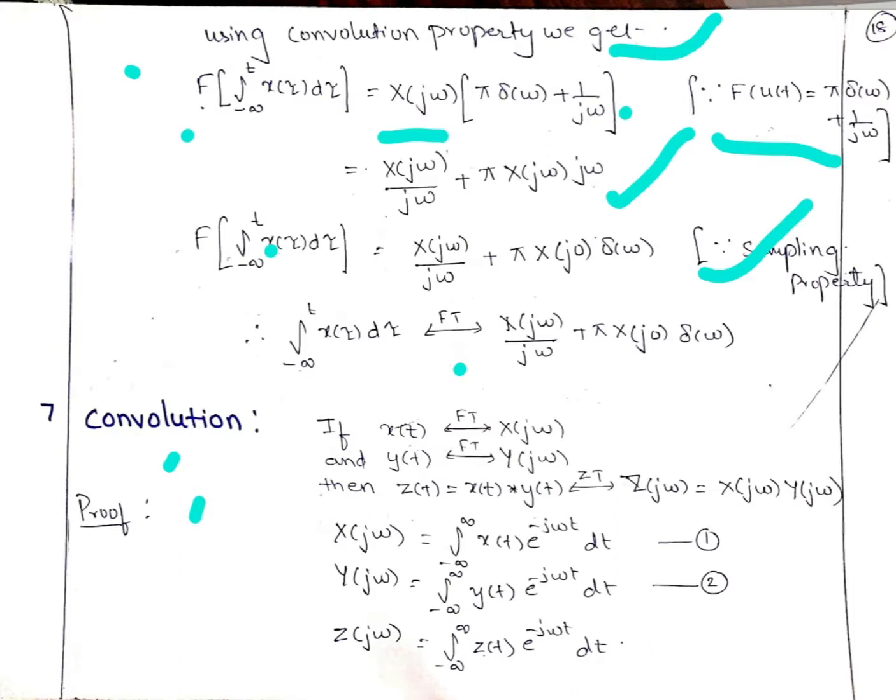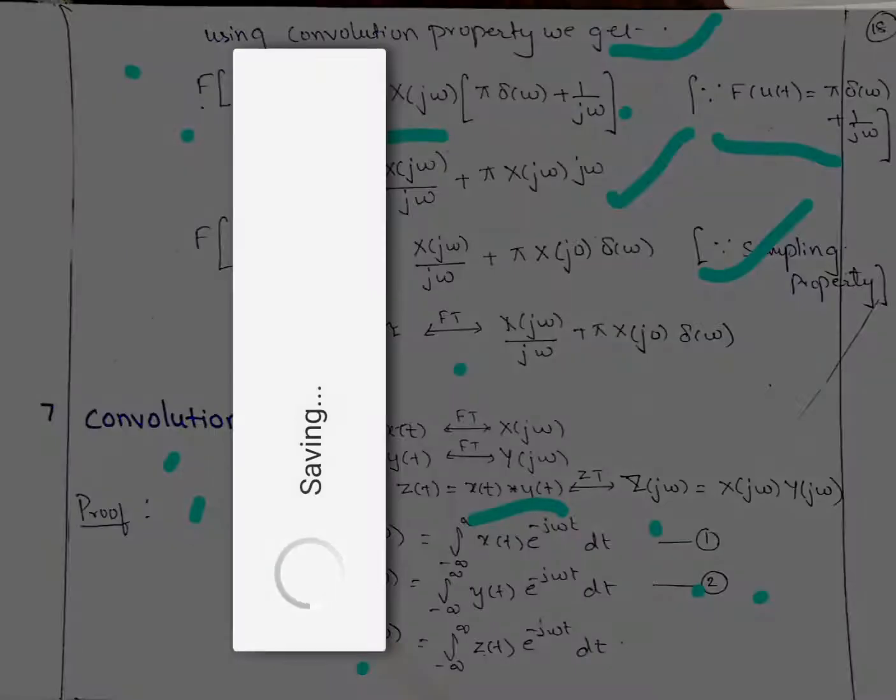Now let us take X of j omega and Y of j omega as equations 1 and 2, X of j omega being the integral from minus infinity to plus infinity of x of t e raised to minus j omega t dt, and Y of j omega the integral of y of t e raised to minus j omega t dt. Similarly Z of j omega is the integral of z of t e raised to minus j omega t dt. But what is z of t? It is x of t convolved with y of t.